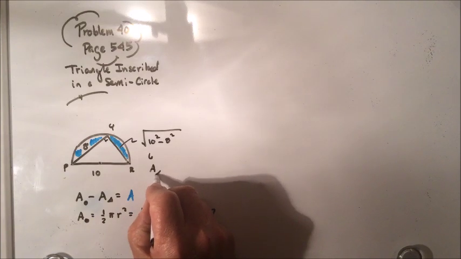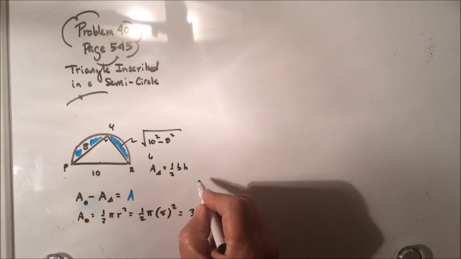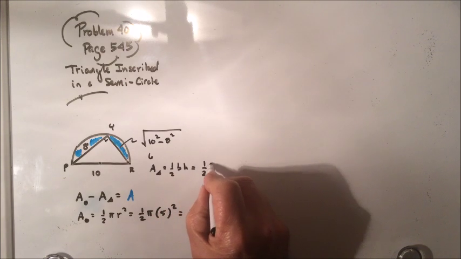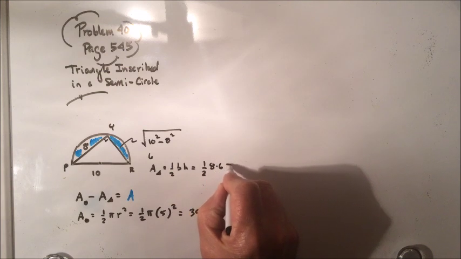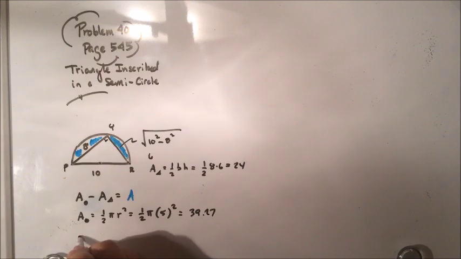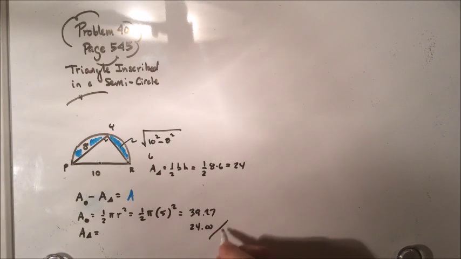The area of the triangle is 1/2 base times height, so 1/2 times 8 times 6, that's 48, that's 24. So down here, the triangle is 24. Looks like the answer is 15.27, which it is, but not so fast.